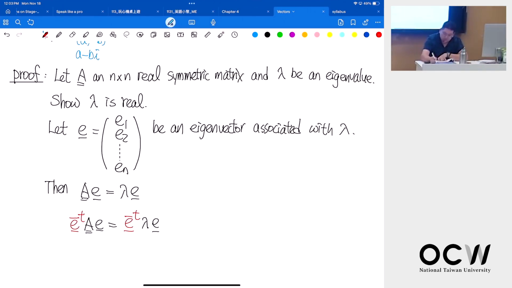What is the conjugate and transpose? We know E is E1 to En. If I take the conjugate, then I have the conjugate of each entry, and transpose, column becomes row. So the conjugate transpose becomes E1 conjugate, E2 conjugate, to En conjugate.